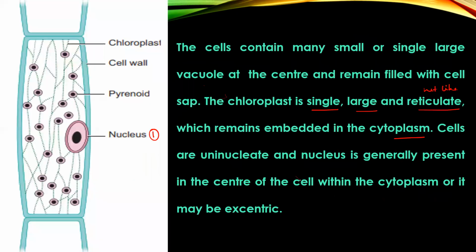By the way, I had used the word eccentric here. What is the meaning of this word? It also means one-sided. So it can be centrally located or it can be eccentric.